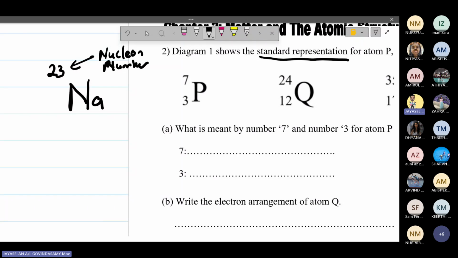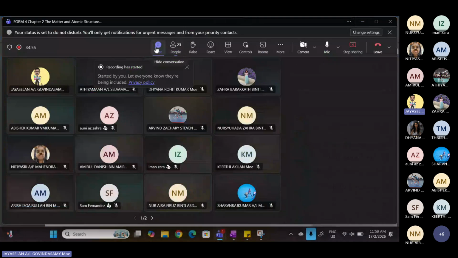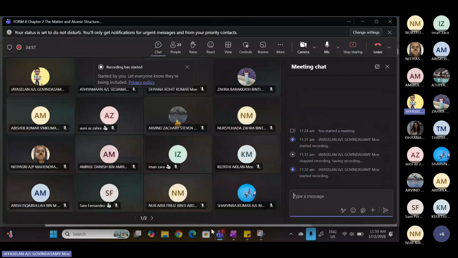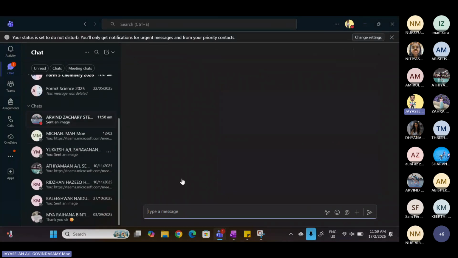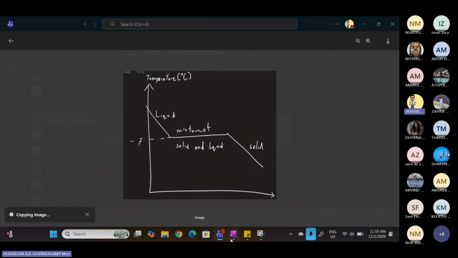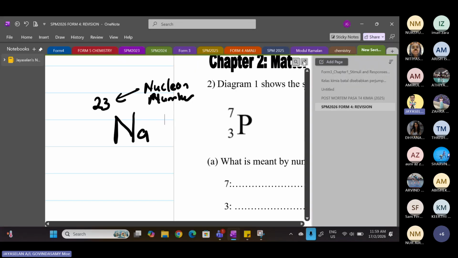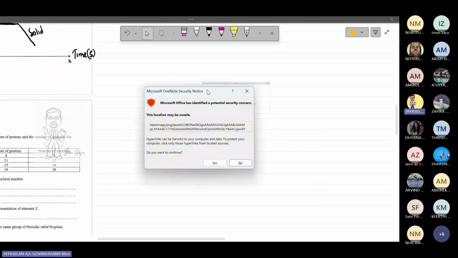Arvind, the X axis labeling is not clear, but make sure you put it there. We check Arvind's answer. I give marks.